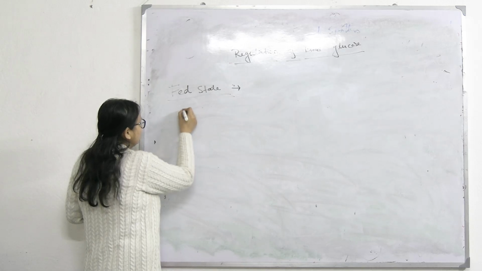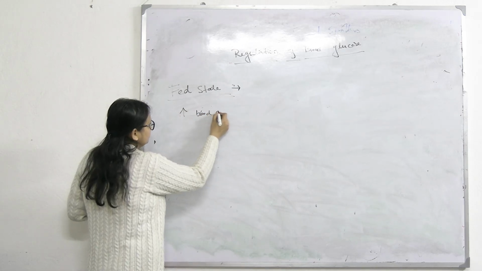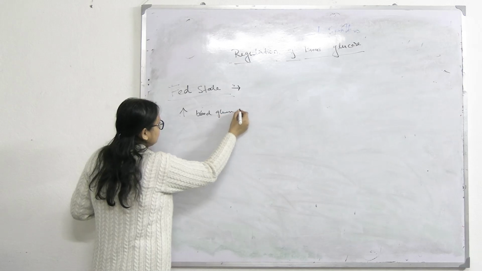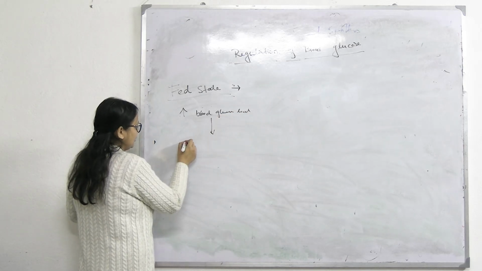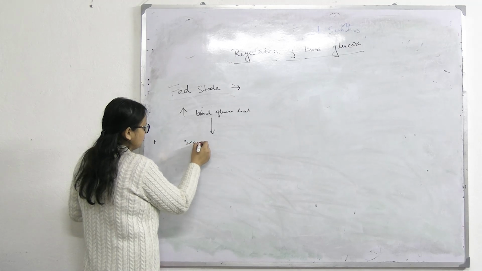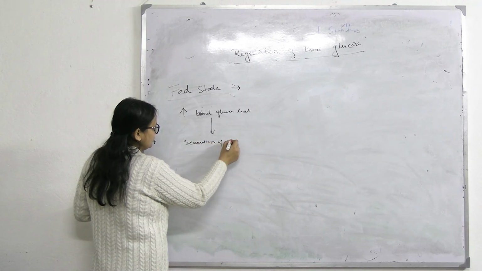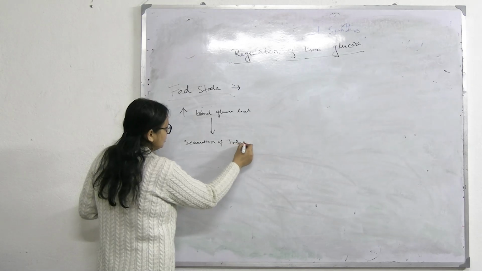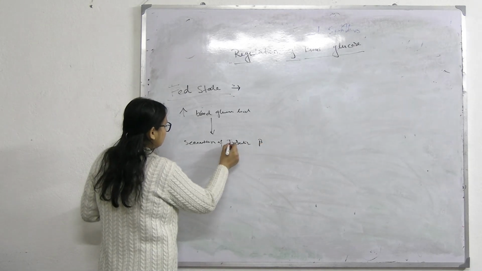So insulin, when there is increased blood glucose level, then there is secretion of insulin from the beta cell of the pancreas.